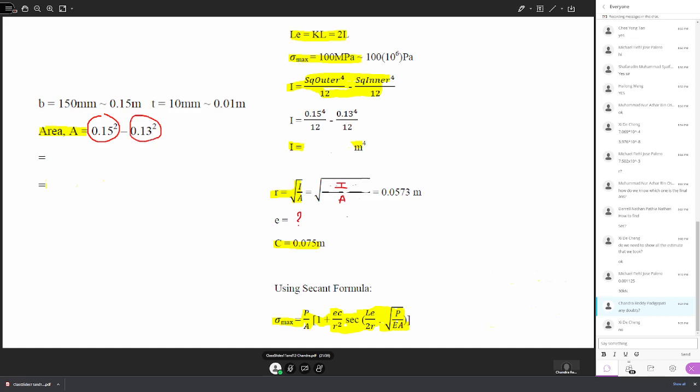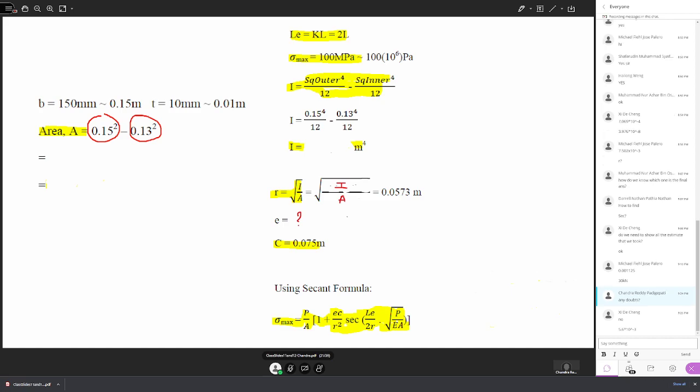Can you do this calculation, because you are dealing with a hollow box of square column. So area represents only the outer area minus inner area. Addition, correct.